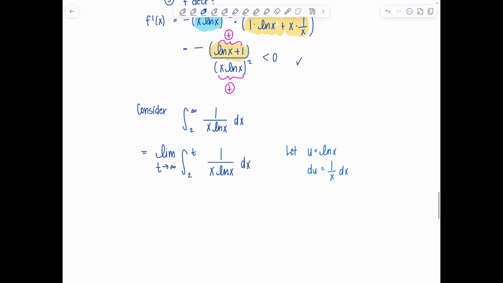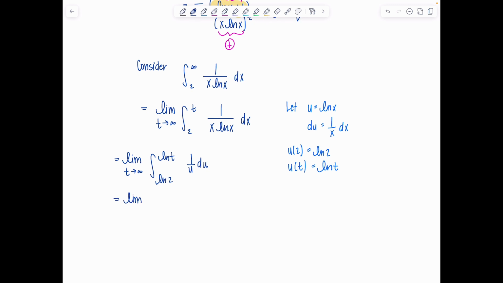My new limit's 2. U of 2, that's ln of 2. And then u of t, that's ln of t. So then this is limit, t goes to infinity, ln 2 to ln t, and then we just have 1 over u du. Good?